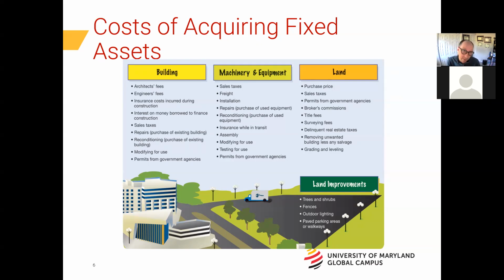The rest of it comes from these various fees and costs and related things, right? But it's still 1.5 million because all of these costs are associated with that building. Think of it as the cost of acquisition, the cost of owning that building. It's not just the building, it's the building plus all of these related expenses.